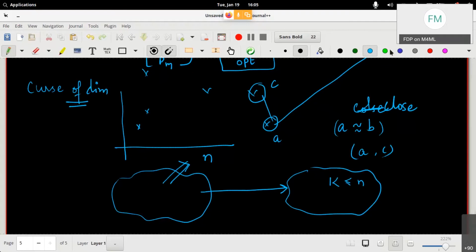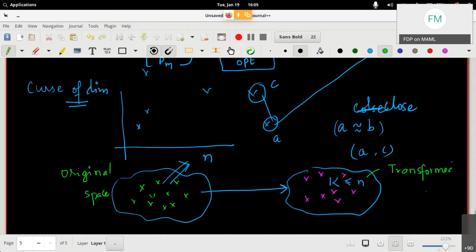So I believe we appreciate now that we have some points in this space. This is my original space, and now I have some set of points in my transform space. So this is my original space, and this is my transform space.